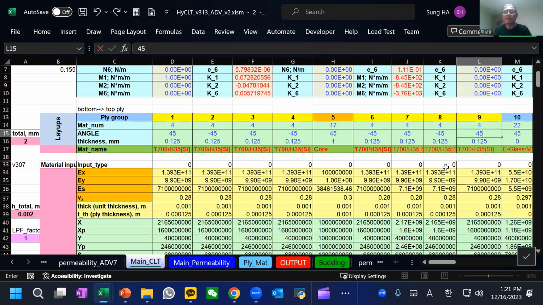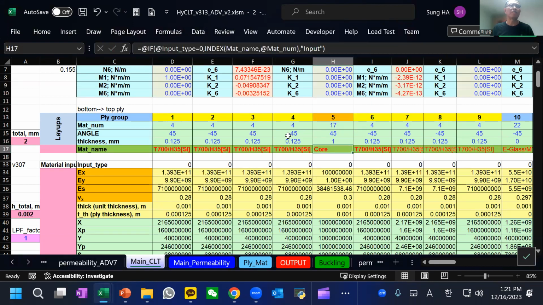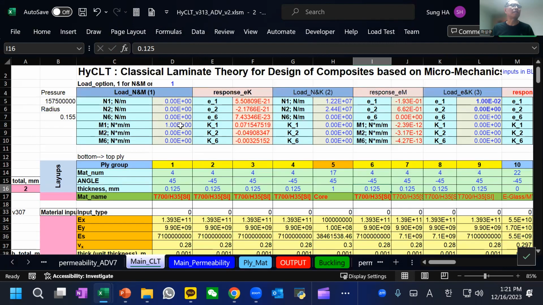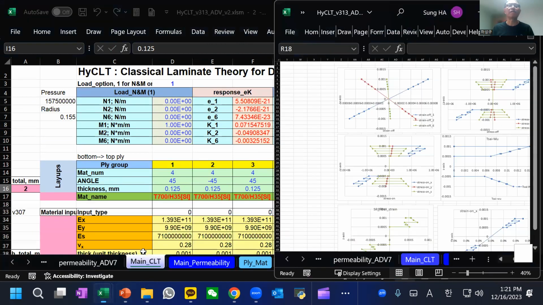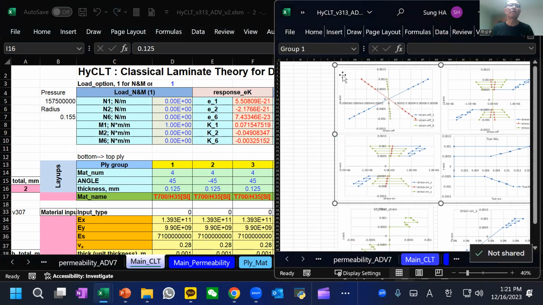Sometimes we can make a mistake. We may not be able to catch the shear stresses. You just consider, oh, this is symmetric, minus 45, minus 45, and it looks symmetric and everything is okay. And then on the bending, now how about the shear stress? Now you can see that there is a slight shear stress. Now we understand why there can be a shear stress.